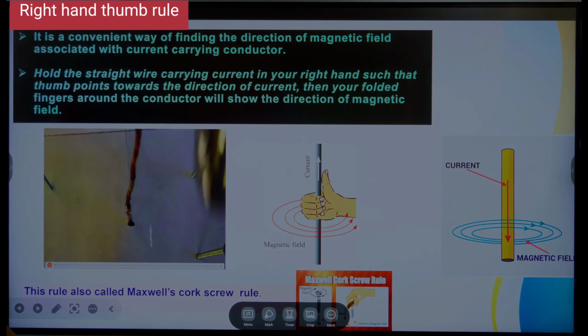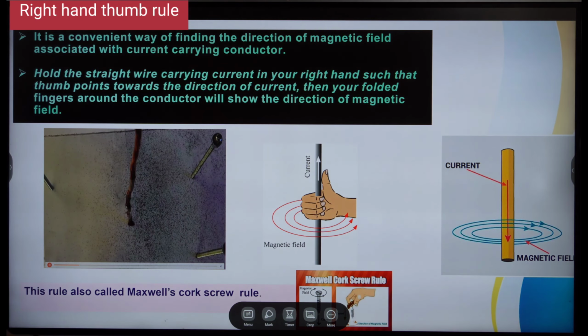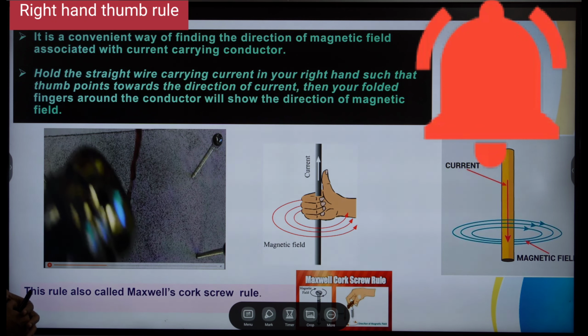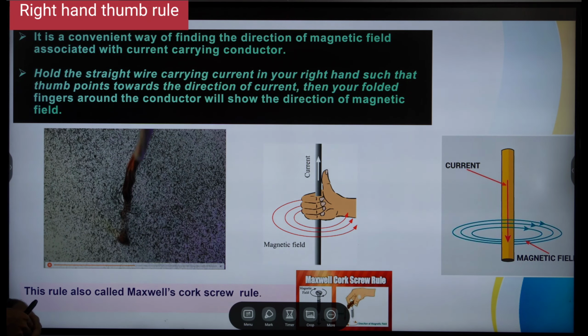This is the activity we have just performed. Sprinkle iron filings around the concentric circles near the current carrying conductor. All iron filings take alignment in the direction of concentric circles. When you tap this, we can see the alignment of iron filings.